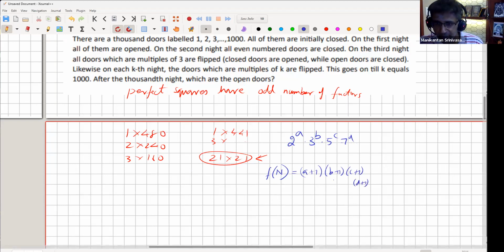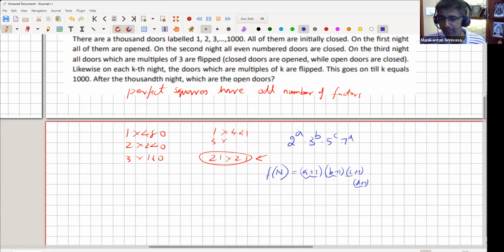Now, if you look at it, this is a product of several numbers. Even if one of these numbers is even, then the product will be even, correct?